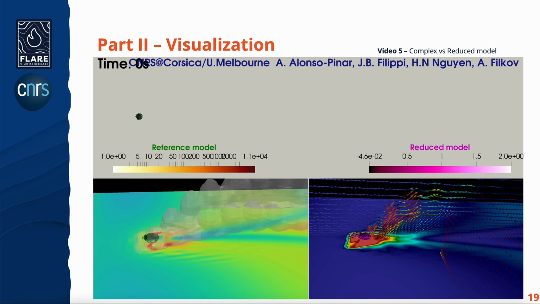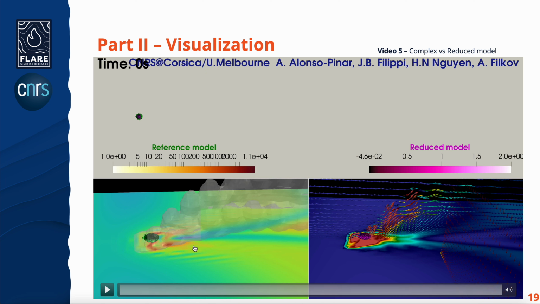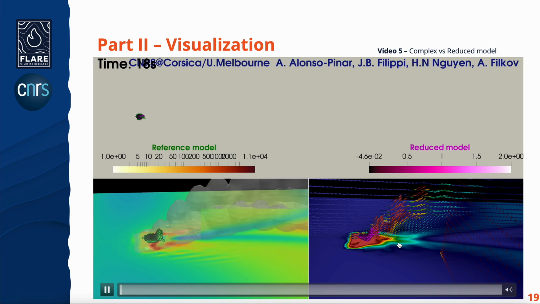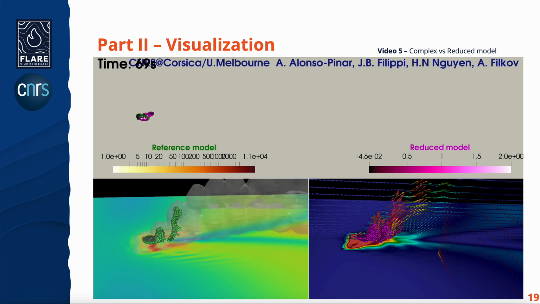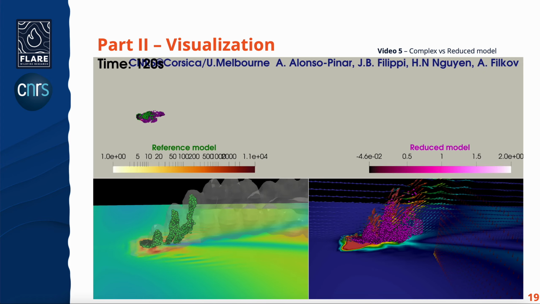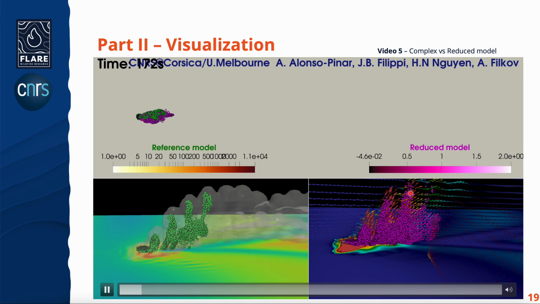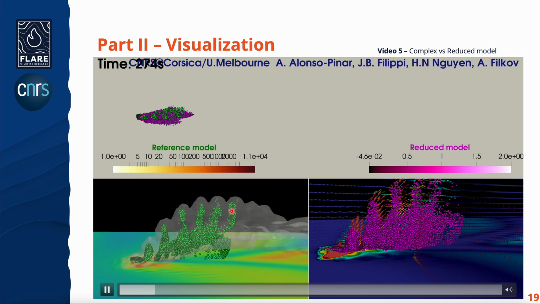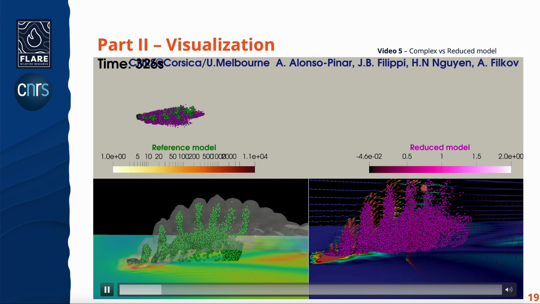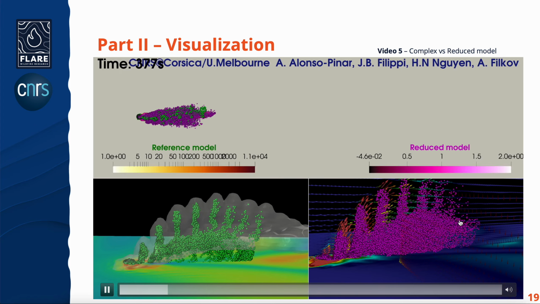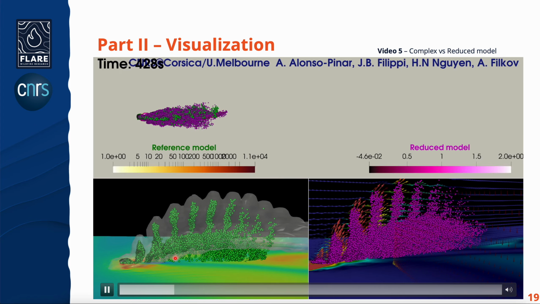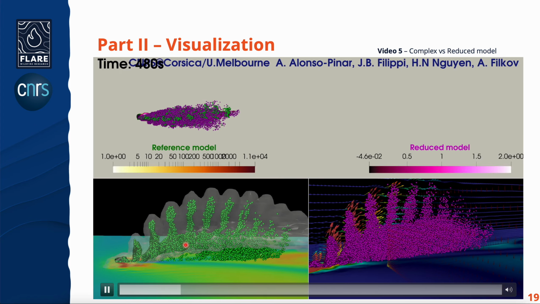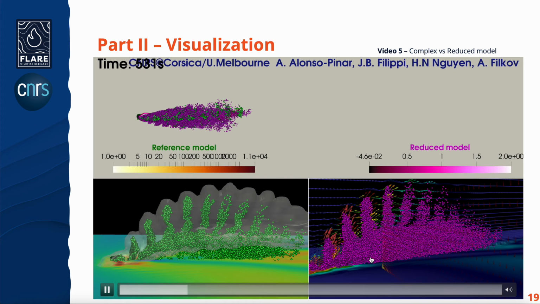So just to show you what it looks like, here is an animation with a plume in gray. This is the complex model and this is the reduced model. And so when we visualize them dynamically, we see that the reduced model is showing the same kind of behavior with the firebrands that are caught in this updraft, and so they are going to be traveling longer distances as well, or firebrands that are not really caught in this updraft and they are going to travel shorter distances as well.